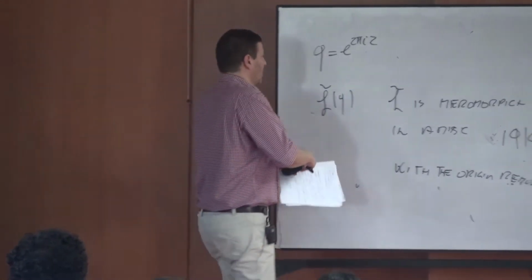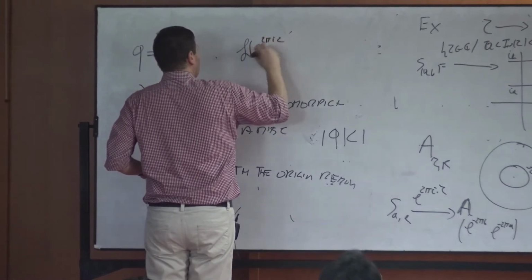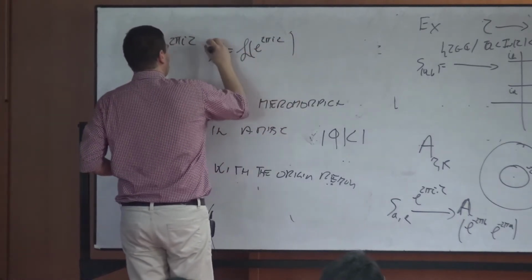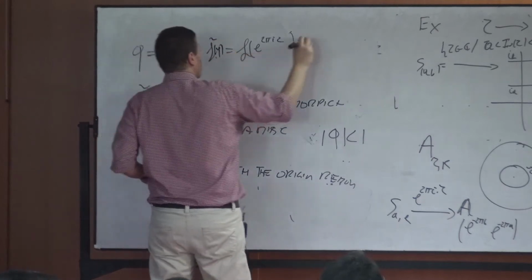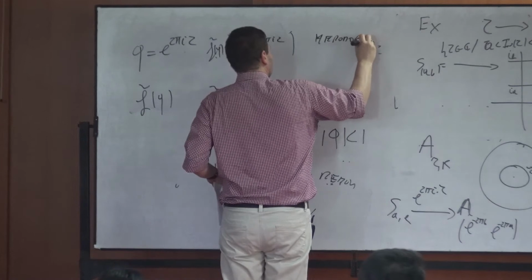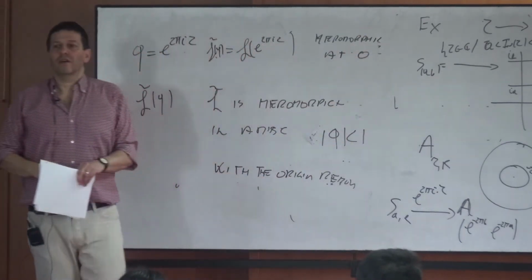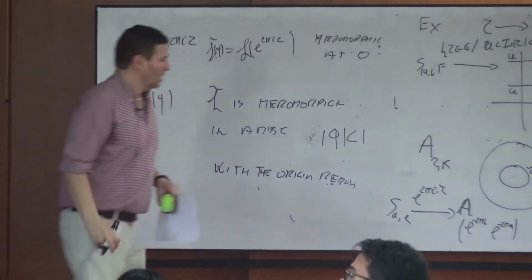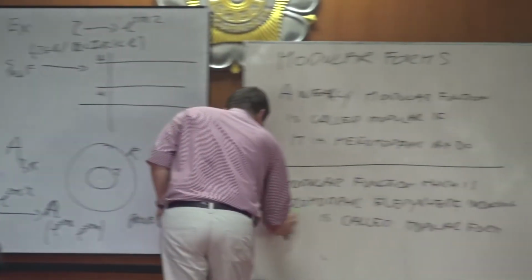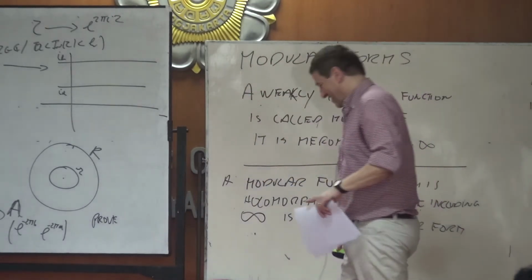The function that you consider, f of e to the 2 pi i tau, which is f tilde of q, has to be meromorphic at 0. Oh, this is infinity, sorry, it degenerates.